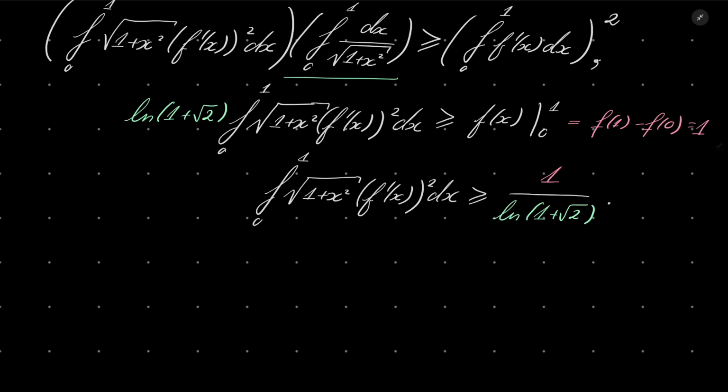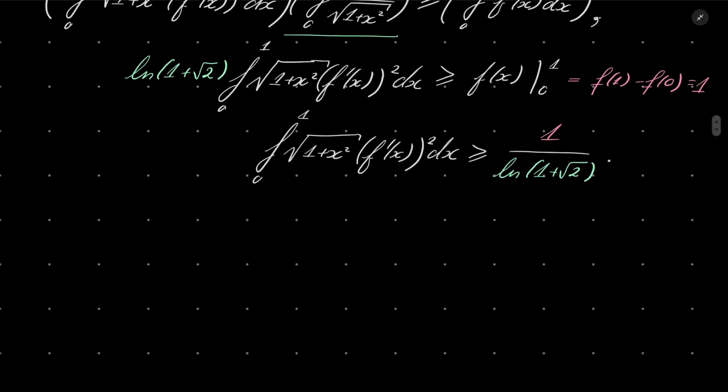So we predict that the minimum will be this number, but now we have to show that equality is actually attained. So the second part of the Cauchy-Schwarz inequality is helpful.